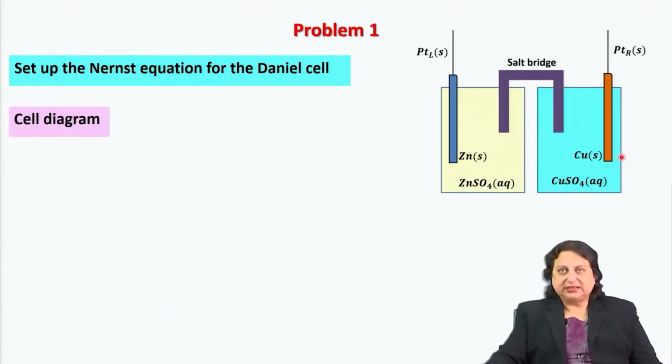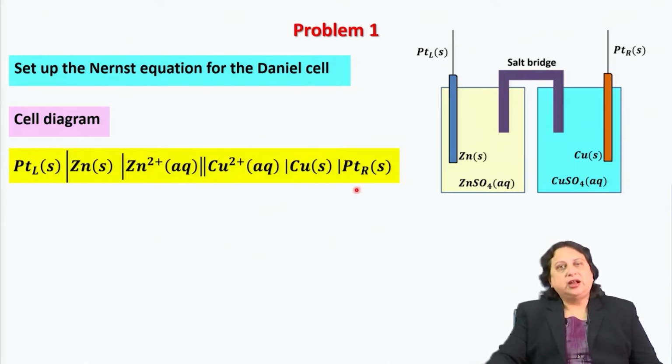Of course, this is the cell schematic diagram, but I can have a shorthand notation for the cell diagram as follows. This is the left hand side platinum wire, which is connected to a zinc solid, and then this is dipped in the aqueous solution containing zinc 2+ ion.